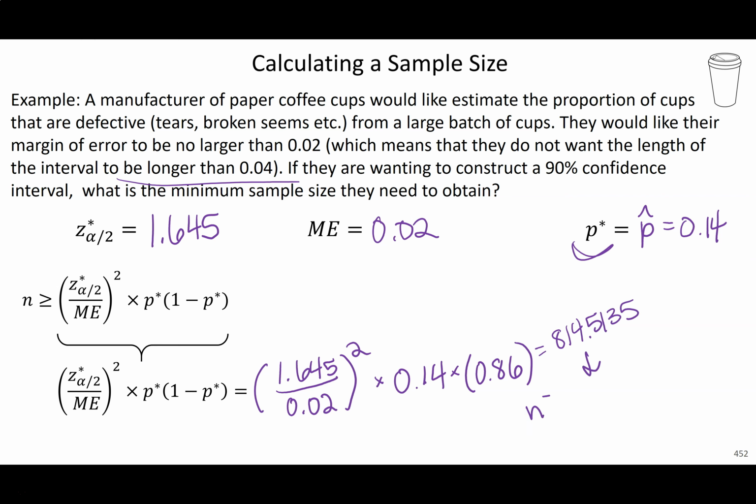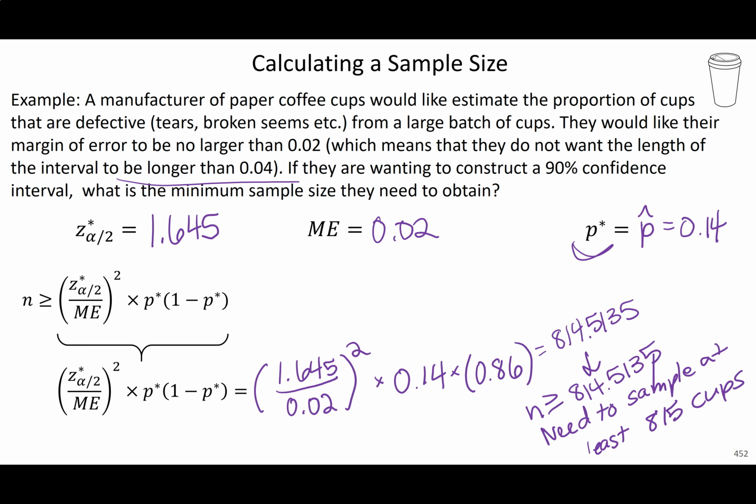So I'm going to get my sample size is at least 814.5135. So recall, it's one of those things that for sample sizes always round up. So need to sample at least 815 cups.